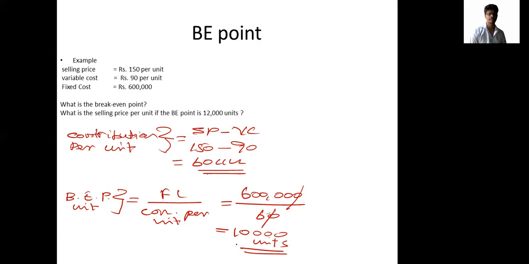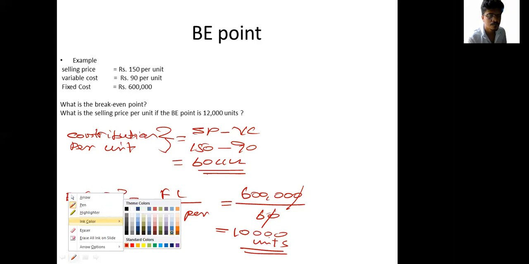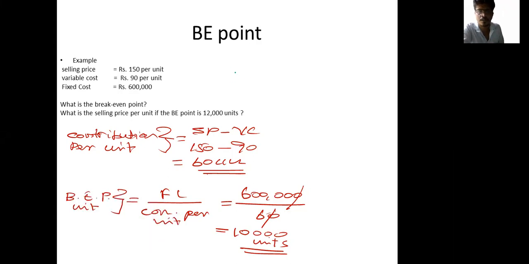It asks for the selling price per unit if the break-even point is 12,000. I will do that one here. Here you can see the selling price and break-even point. What is the selling price if the break-even point is 12,000?